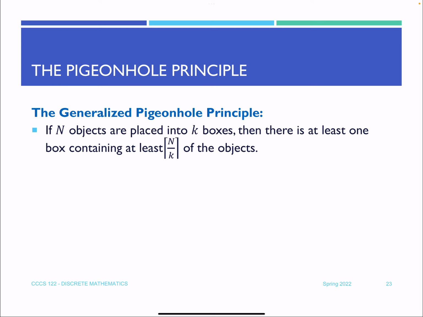The generalized pigeonhole principle states that if n objects are placed into k boxes, so we're no longer talking about k plus 1 objects put into k boxes, but n objects placed into k boxes, then there's at least one box containing at least the ceiling of n divided by k objects.